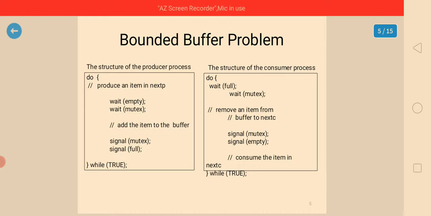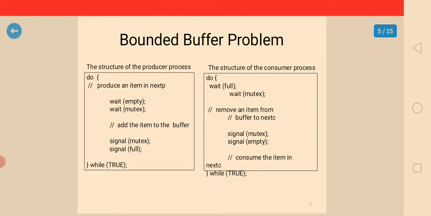First is the structure of the producer process: do, produce an item in next p, wait empty, wait mutex, add the item to the buffer, signal mutex, signal full, while true.